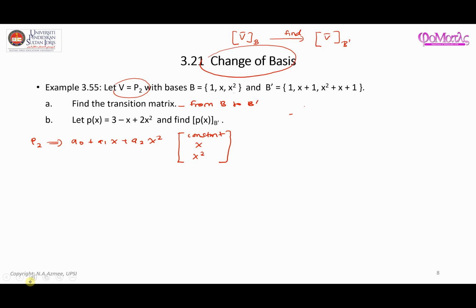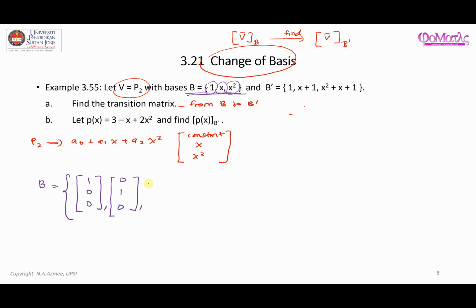Based on that, I can write down B in terms of vectors. 1 means you have 1, 0, 0. x, you have 0 for the constant, 1 for x, 0.